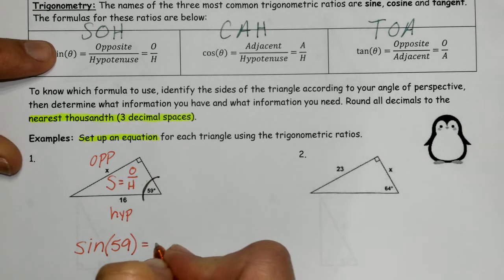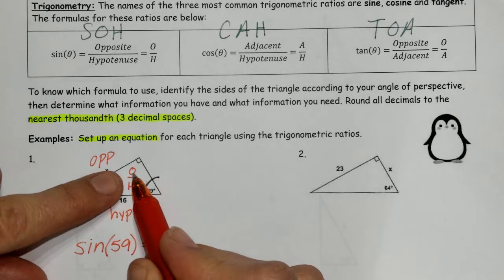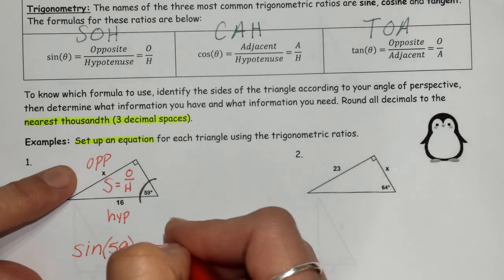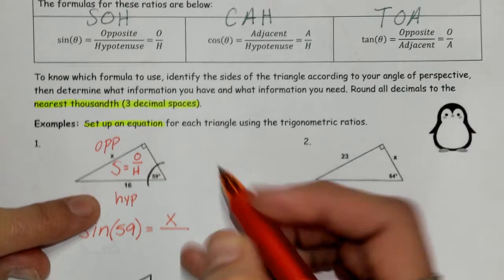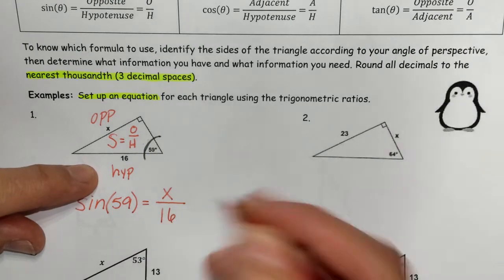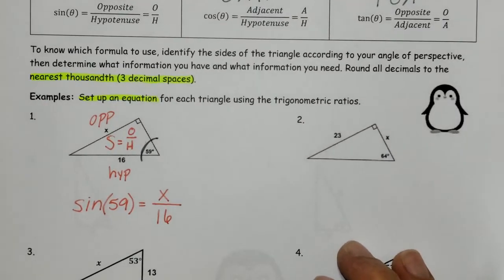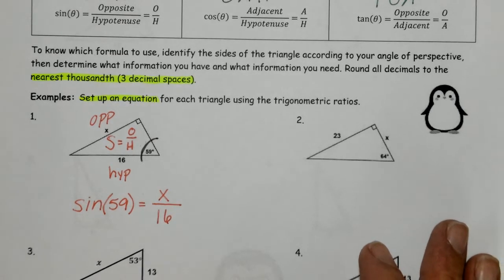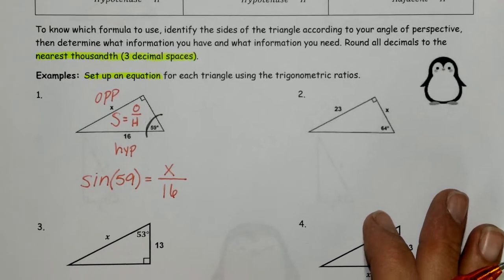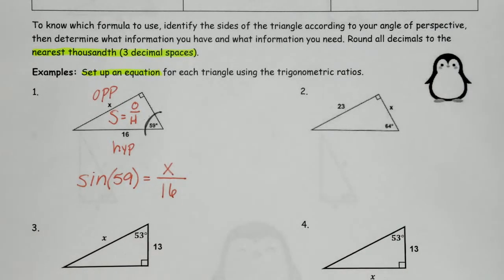We'll set that equal to a fraction of opposite, x, over the hypotenuse, 16. And that's your formula. Remember SOHCAHTOA. And then again, we'll learn how to solve it. Other than setting it up, your calculator does everything for you in trigonometry. It's great. So here is your equation that we'll learn to solve in a moment.